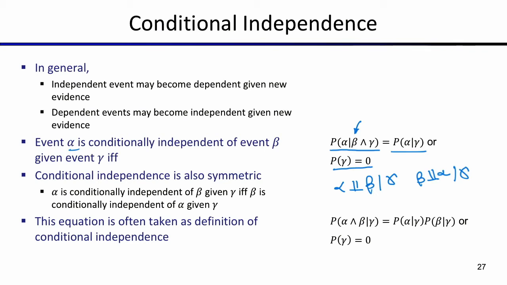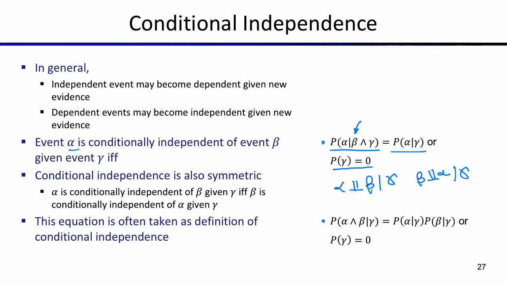Although this first equation here can also be taken as a definition of conditional independence, most people understand that this second equation here is the definition and take the first one as a consequence.